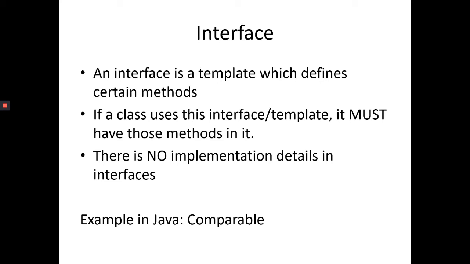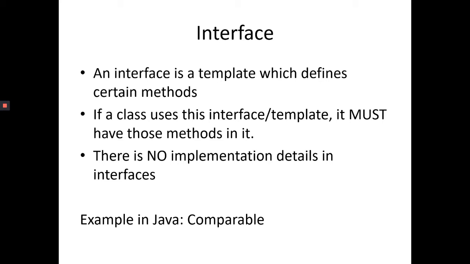There are no variables inside it. All that it does is define certain methods, and it does not give any of the implementation detail for them. What it does do is say that any class that uses this interface will be guaranteed to have these methods in it, implemented in some way.